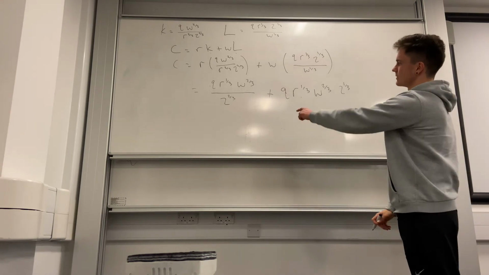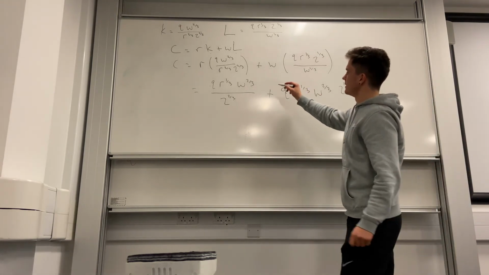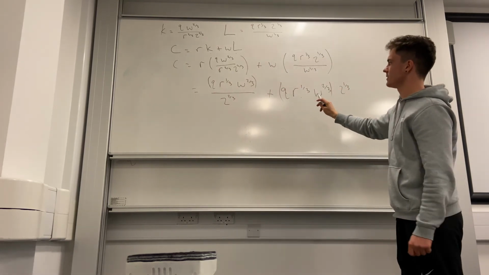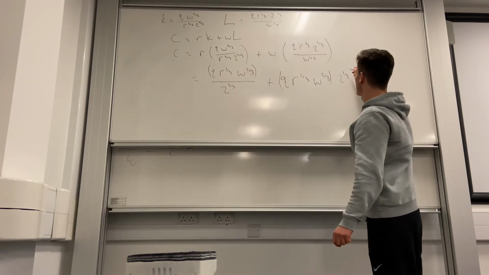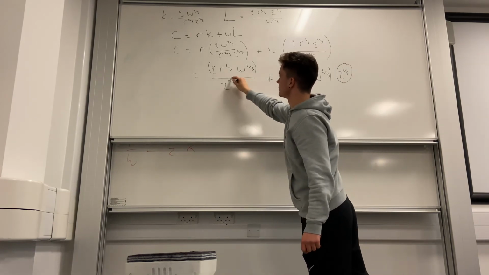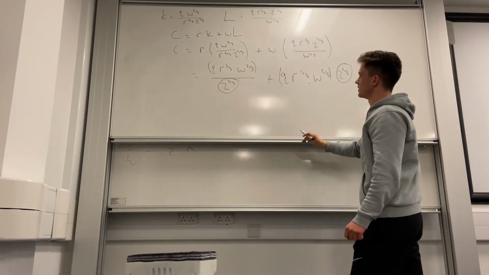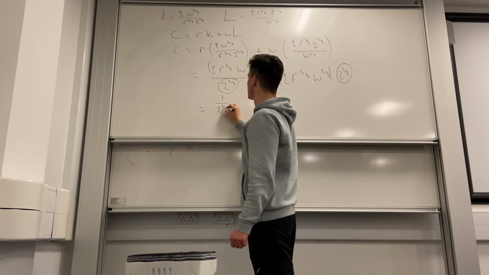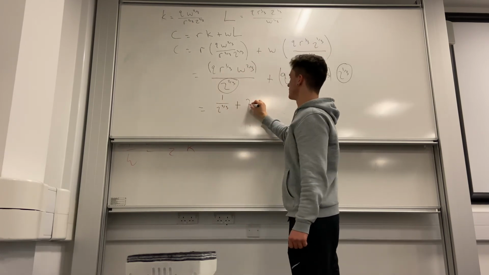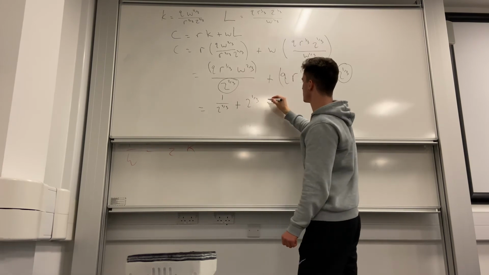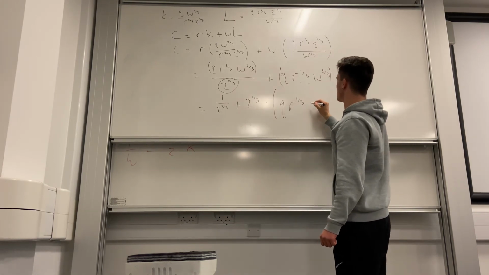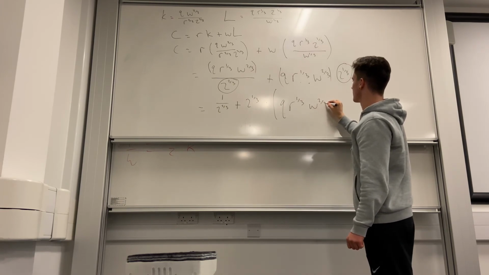And then from this we can see that this bit and this bit are the same, so it becomes this part add this part times by this part, simplify it, so it becomes 1 over 2 to the power of 2 over 3 plus 2 to the power of 1 over 3 times our q r to 1 over 3 w to the 2 over 3.